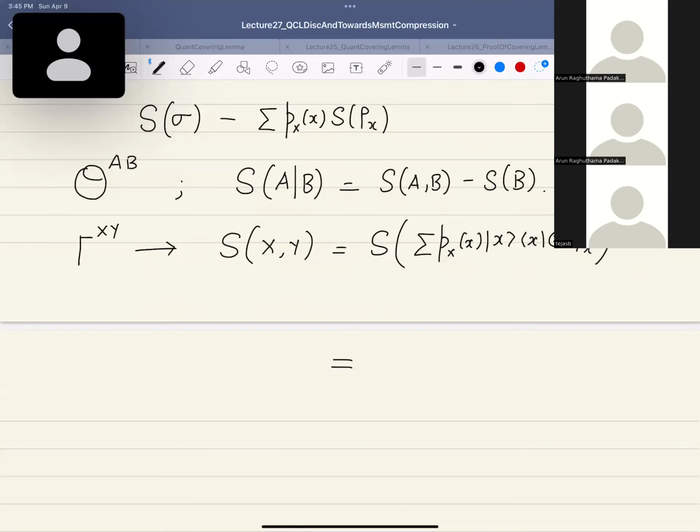I claim this is H of px plus the sum of px of x S of rho x. Do you agree?